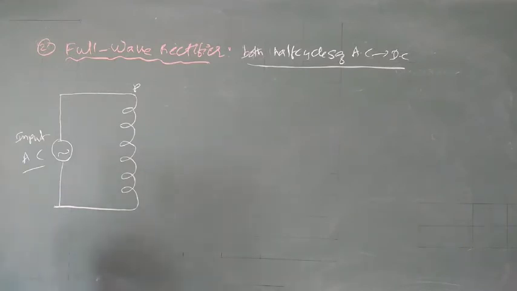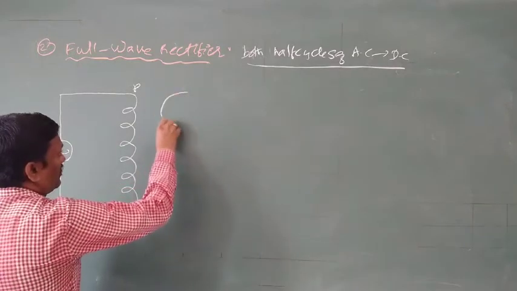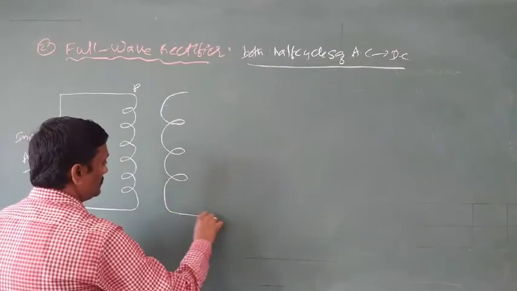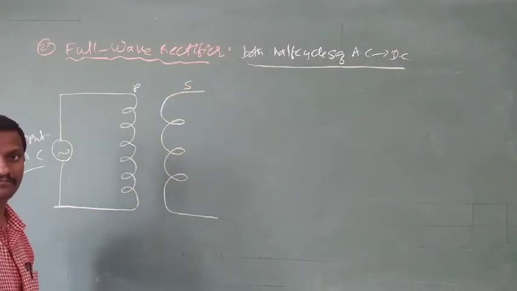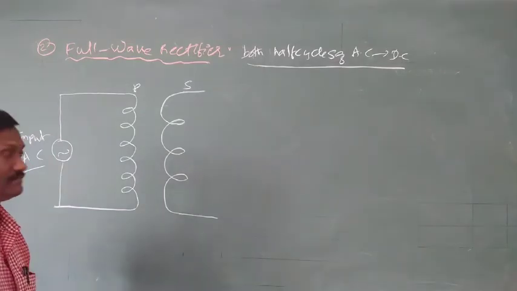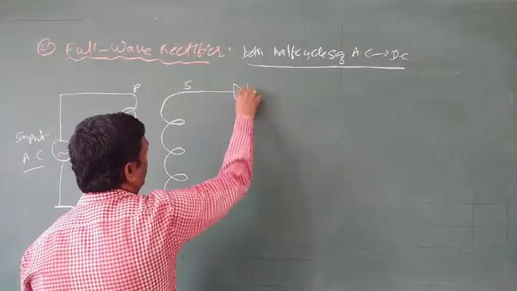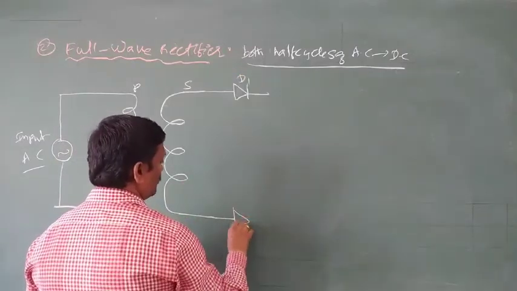Next, near the primary coil, one more coil is there, called the secondary coil. At the ends of the secondary coil, two diodes are connected, the first diode D1 and the second diode D2.